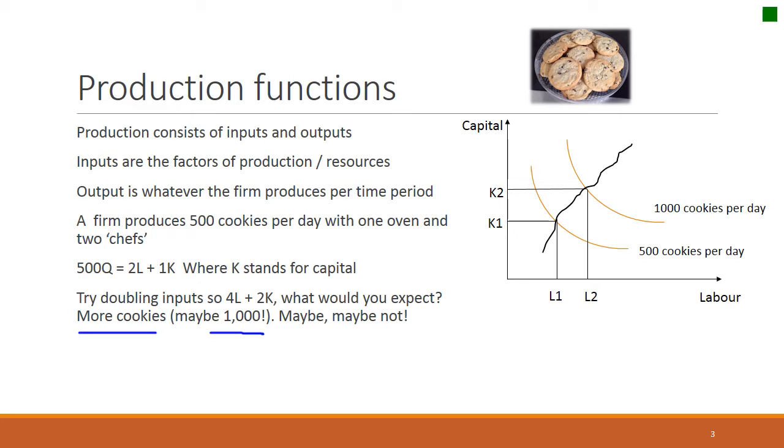And then we have a production function of Q expressed as a function of L and K. So we can write our production function as something like this in more mathematical terms. Q is a function of K and L.